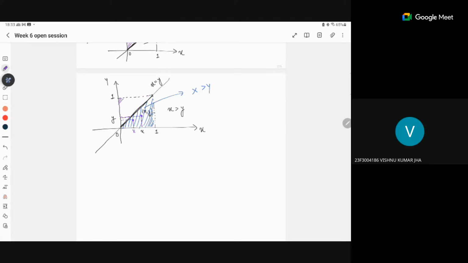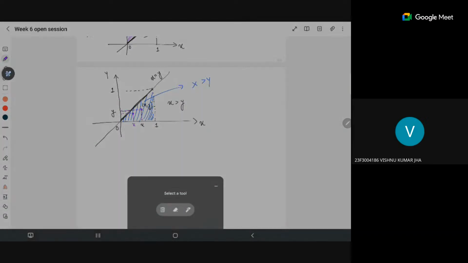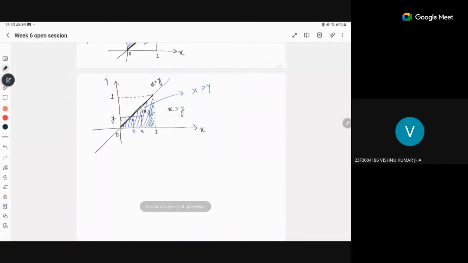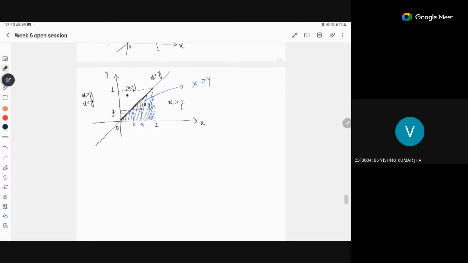Okay, let's see this. Let's take this point. Let's say this is my xy. So here, what is the relation between x and y? Is x greater than y or is x less than y? X is less than y, right? Because this point is above this line, so y is bigger.